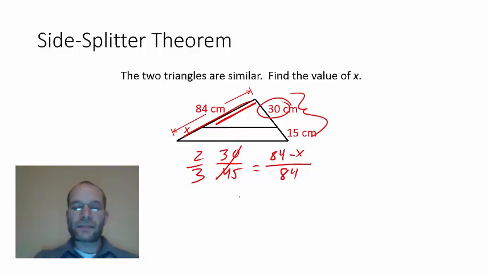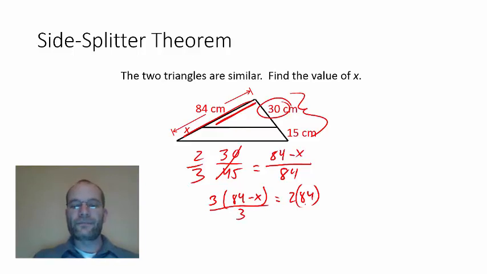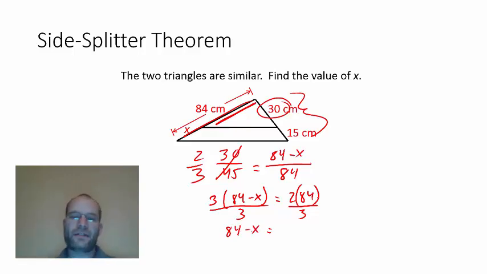So we'll cross multiply. 3 times 84 minus x is equal to 2 times 84. We need to divide both sides by 3. We end up with 84 minus x is equal to 2 times 84 divided by 3. 84 divided by 3, that's 28.